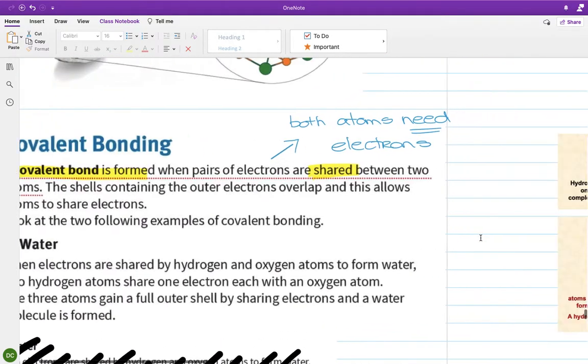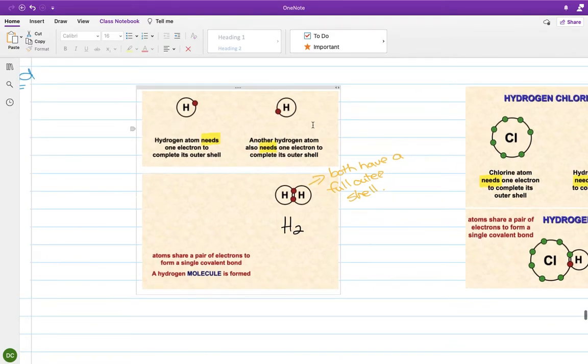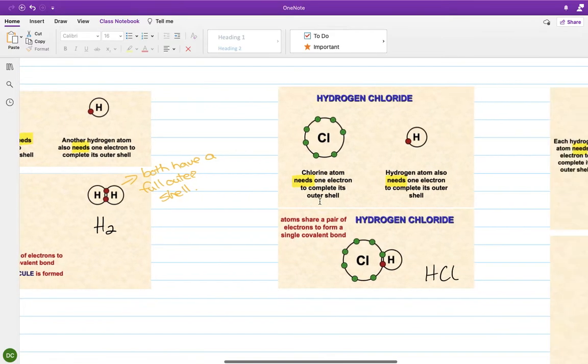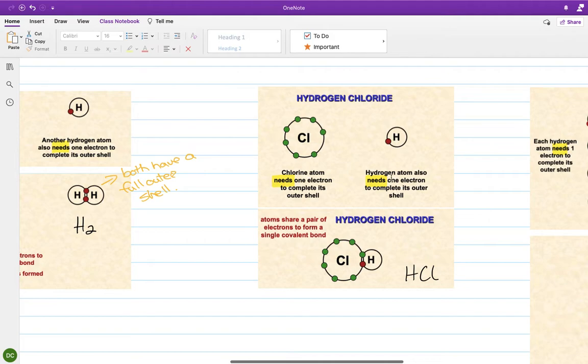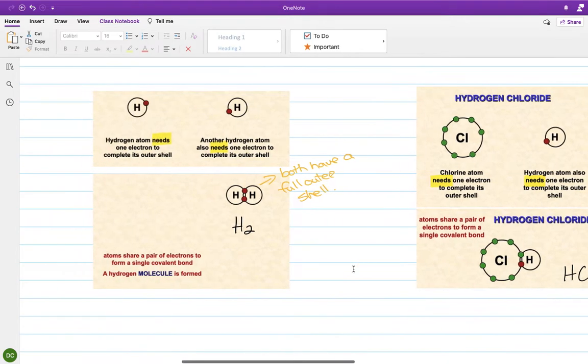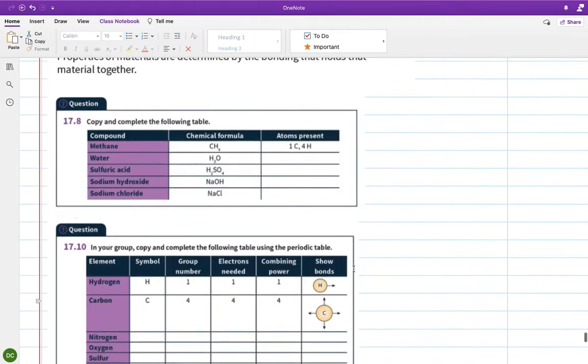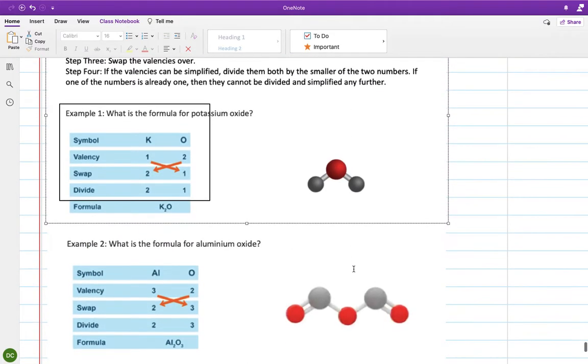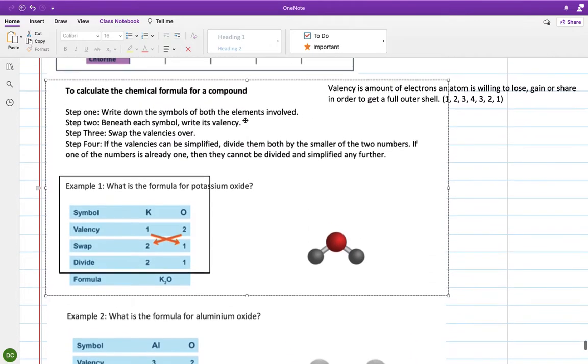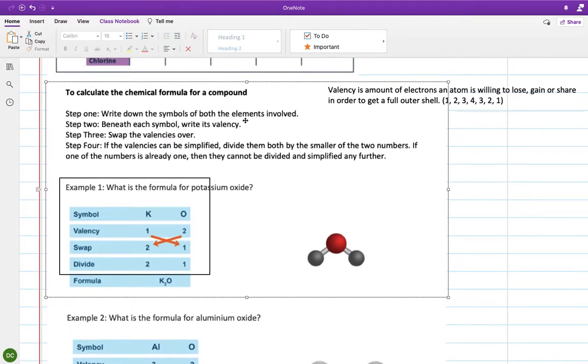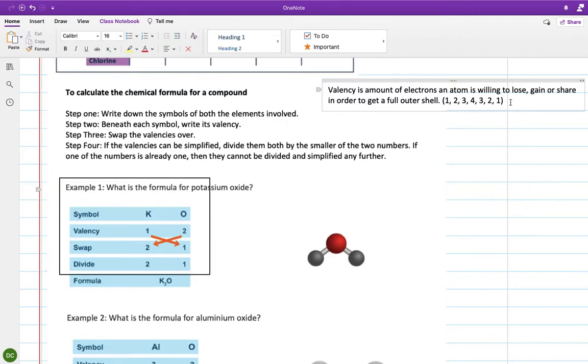So in these pictures that I gave you up here, we started with 2 hydrogens, we ended up with H2. We started with a chlorine and a hydrogen, so we had HCl. It's quite easy once you have the pictures. But when you're asked, what is the formula for potassium oxide? It's like, what? I have no idea. Okay, so it's a little bit challenging. So I have a little method to do it here.